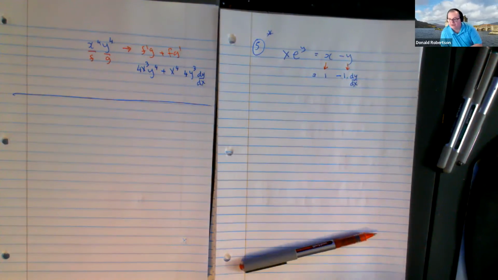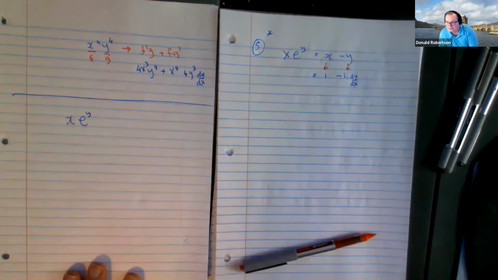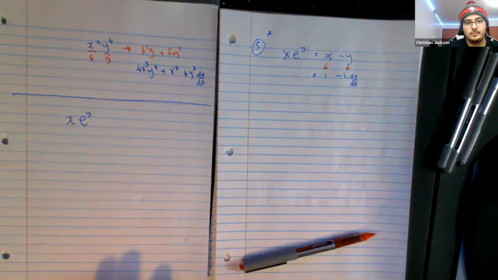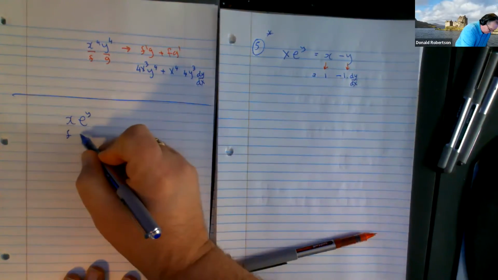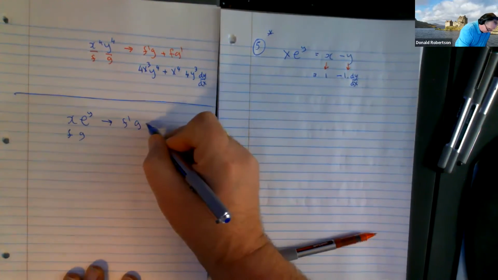How am I going to differentiate this guy? Okay, so the product rule: it's going to be f dash g plus f g dashed.